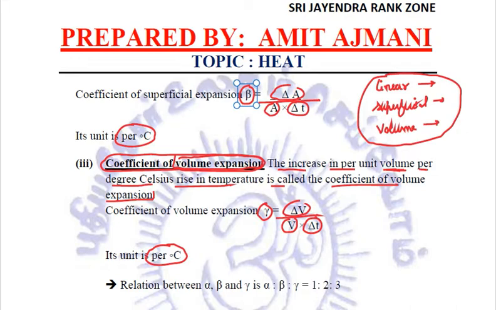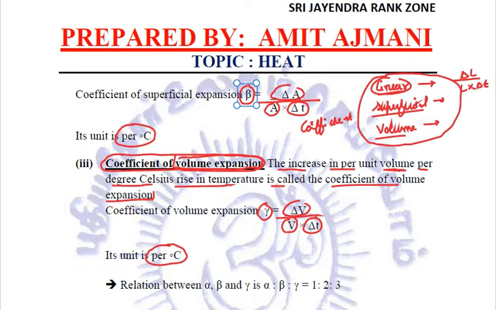Then we calculated the coefficients of all these: coefficient of linear expansion, coefficient of superficial expansion, coefficient of volume expansion. In case of linear, the formula was delta L, change in the length, divided by original length into change in temperature.